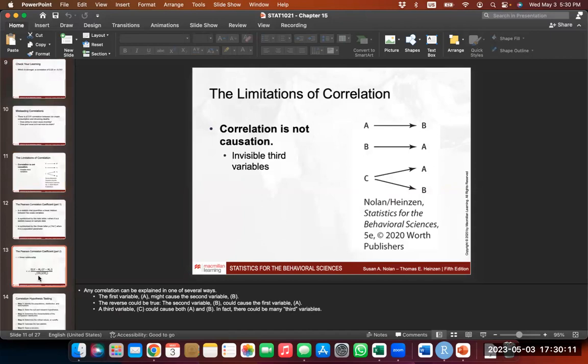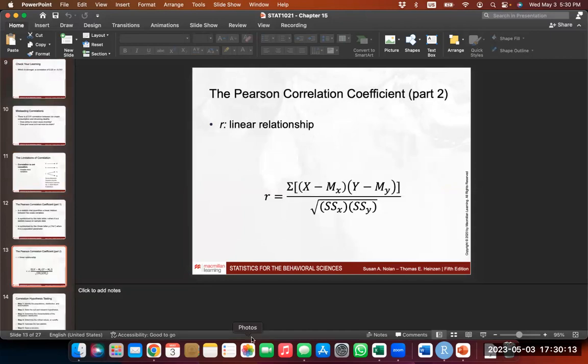So we did the calculation of the correlation coefficient using this equation. Basically we're calculating deviations from the mean of each individual x and each individual y. Those are multiplied as a product, and summing those products up preserves the direction of the association.